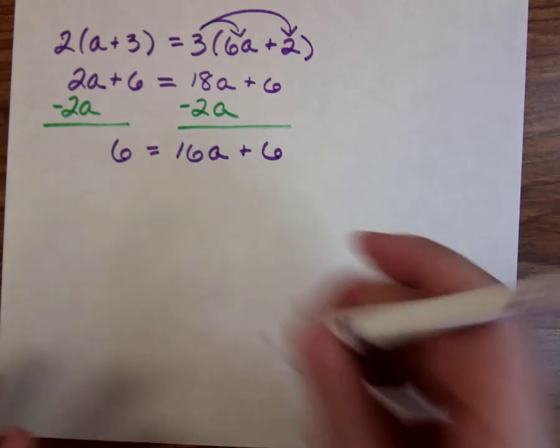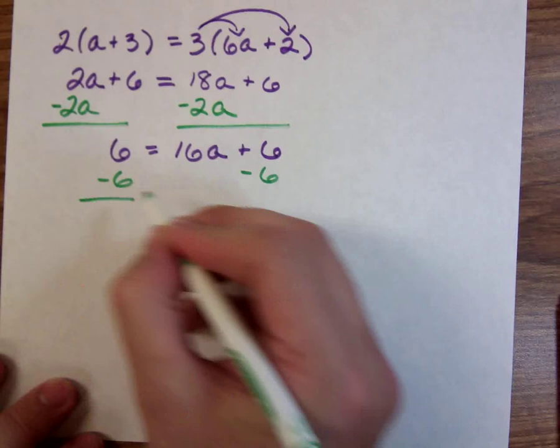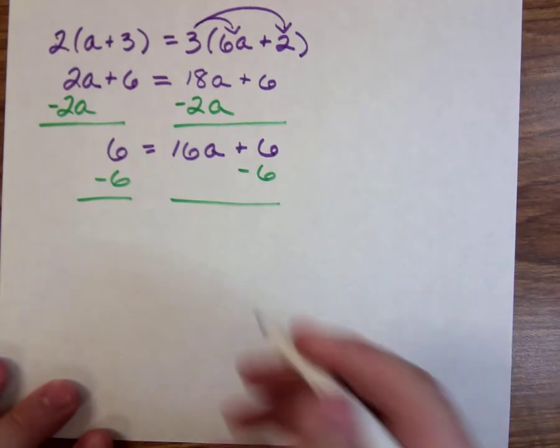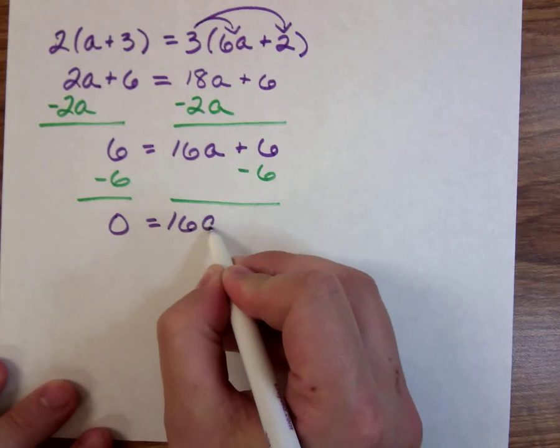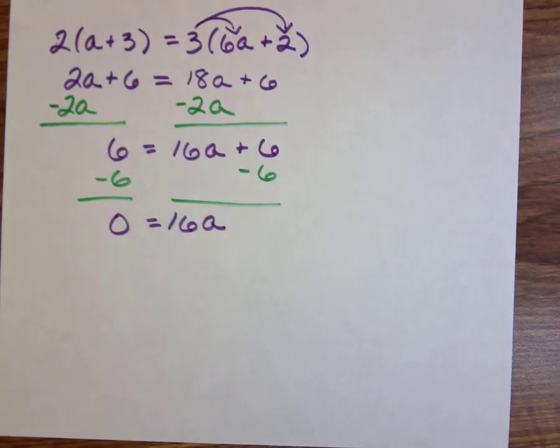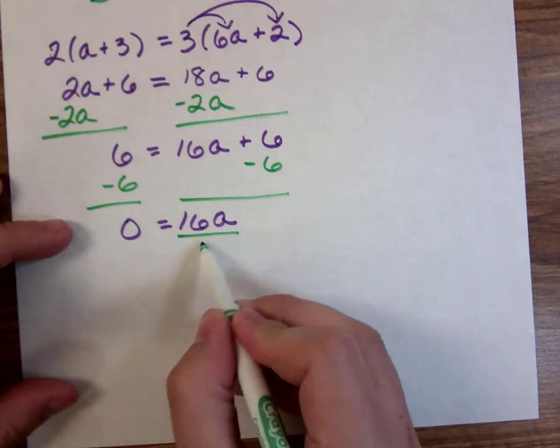Let's subtract 6. This is going to look a little weird. That's 0. 6 minus 6 is 0, as it turns out. Okay. Divide by what? I want the a by itself, so let's divide by 16.